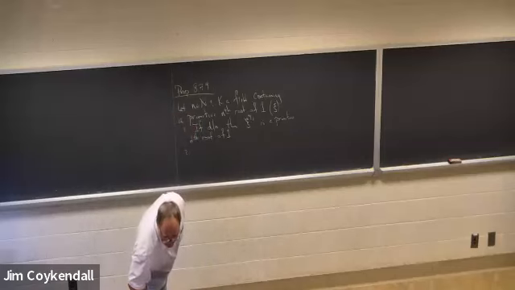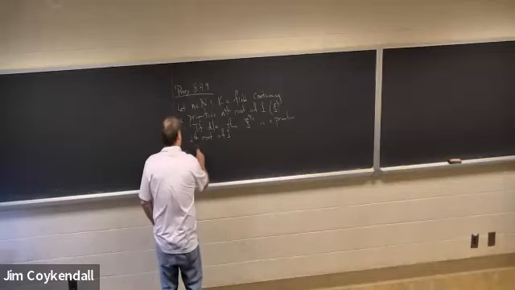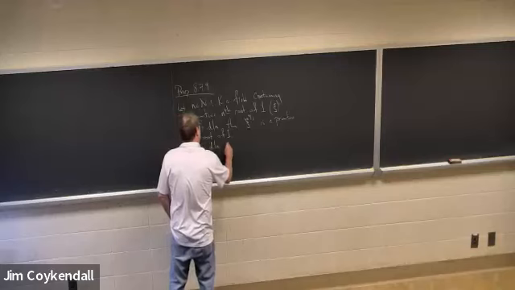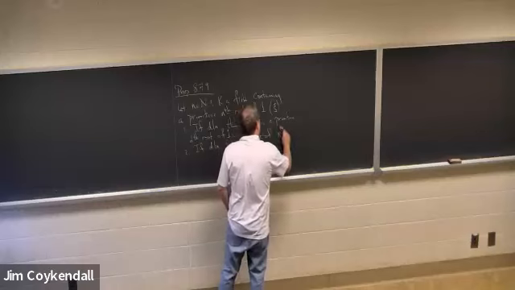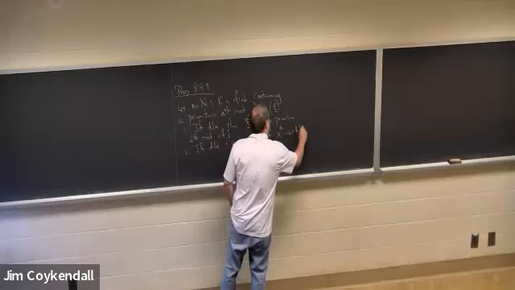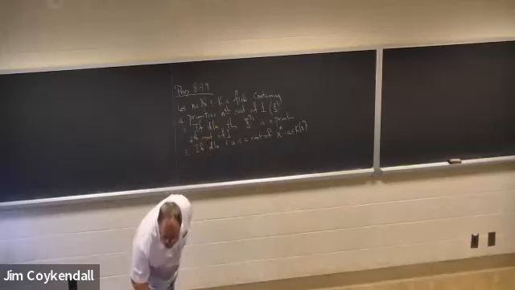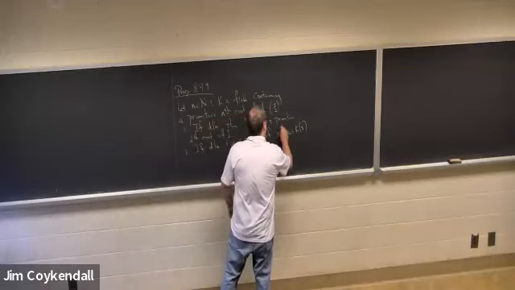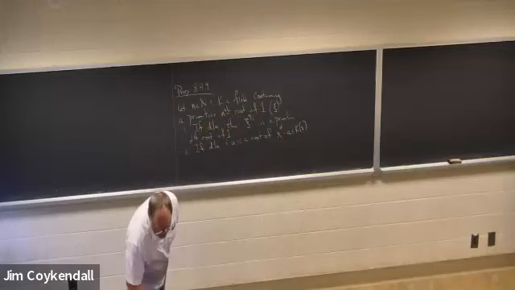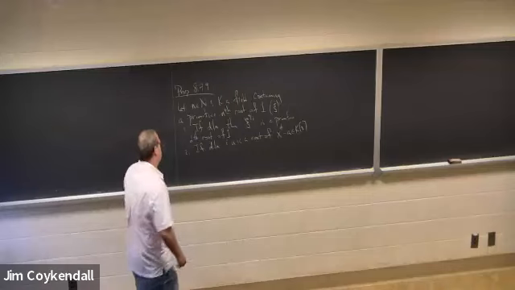And 2, if d divides n, and u is a root of the polynomial x to the d minus a in K[x], so if d divides n and u is a root of x to the d minus a, then x to the d minus a has d distinct roots in K(u).